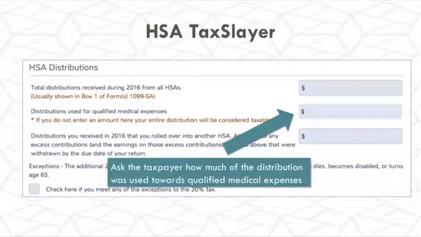And we're going to use the same criteria that we use for medical expenses that can be used towards itemized deductions, with only a few differences. And so whatever amount they use towards qualified medical expenses, we will put in the second blank.